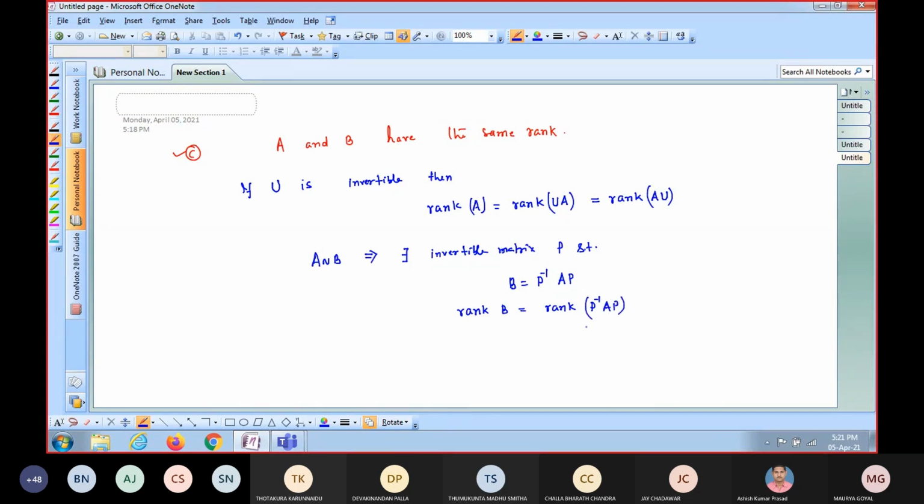P is an invertible matrix. So I can write this as the rank of P inverse into AP. I apply the property above. This is nothing but the rank of AP only. Again, I apply the property mentioned above, that is equal to the rank of A. Right? So I apply twice the property which I mentioned. And using that, I can prove that two similar matrices have the same rank.